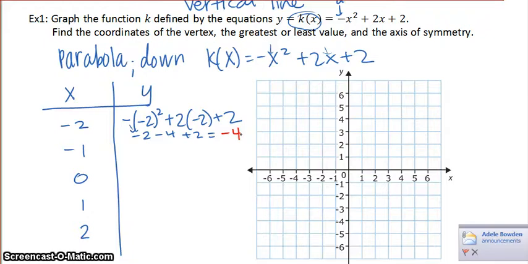I'm going to do the same thing by plugging it in for all of those, but I'm not going to show that work every time.